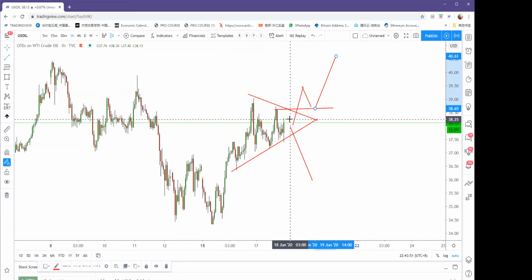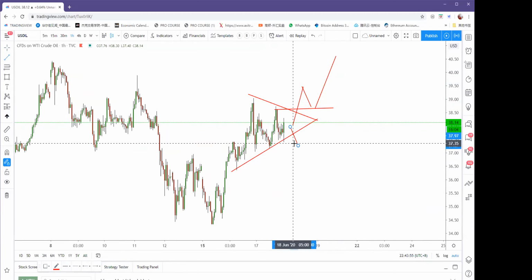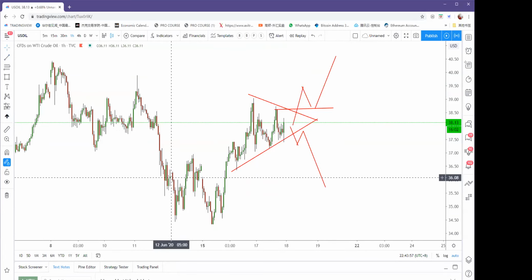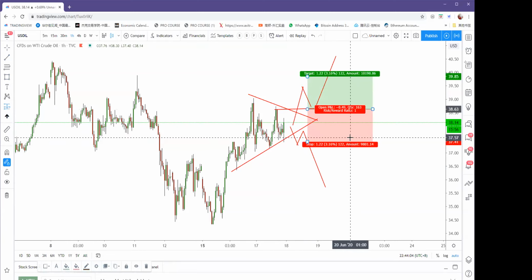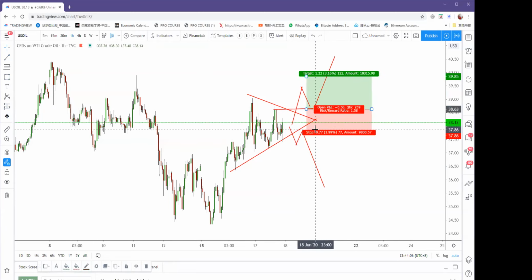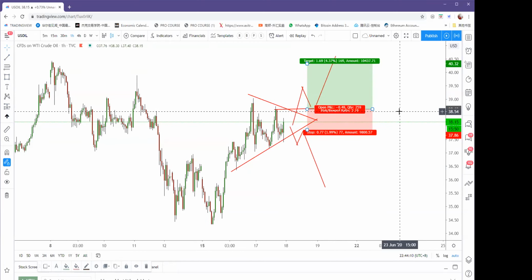If the market gives me a downside move, I will trade the pullback to sell. And if this trade is worth trading, for example here, if my reward is greater than 2 to 1, I will go for it.